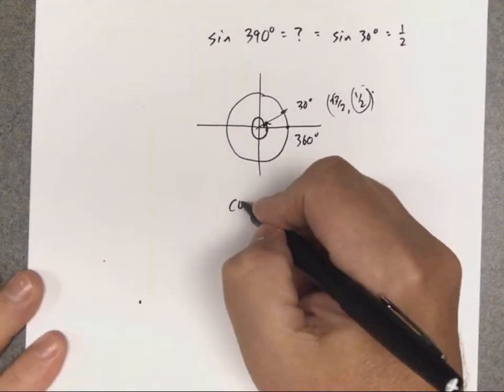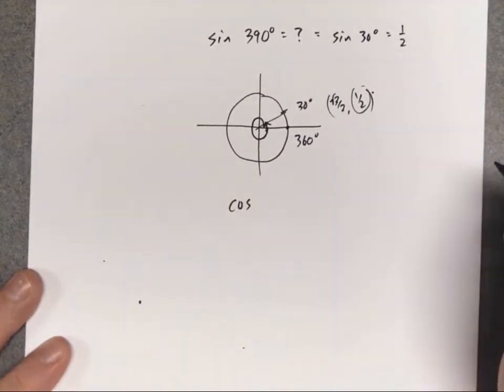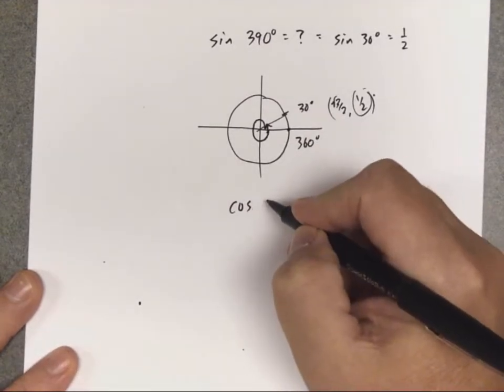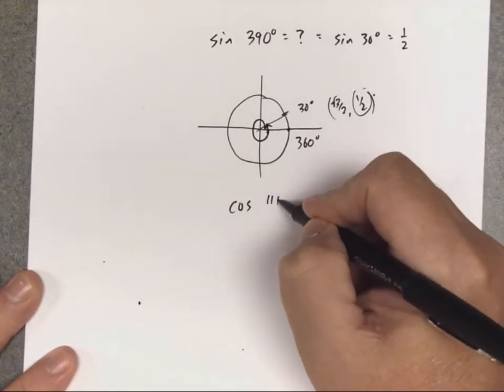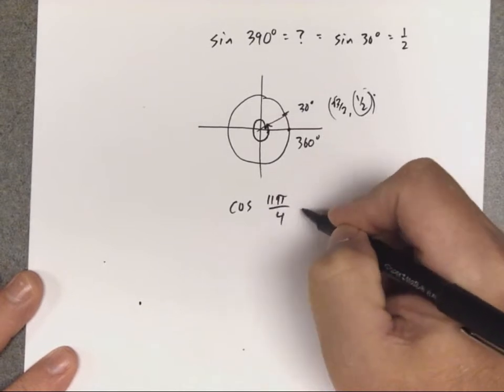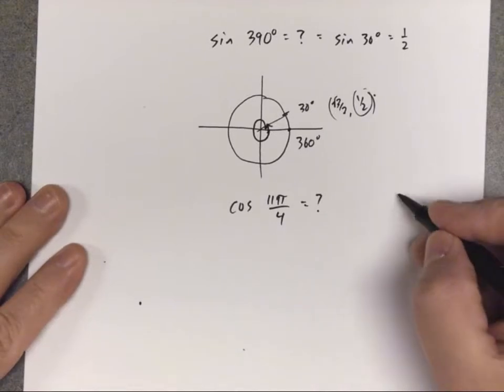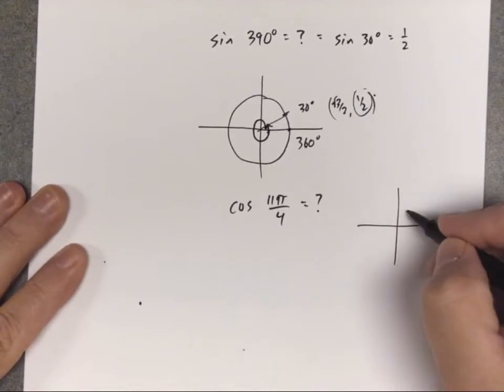How about the cosine of 11 pi over 4? So here's an angle in radians. What you'll quickly realize is, what is one trip around the unit circle?